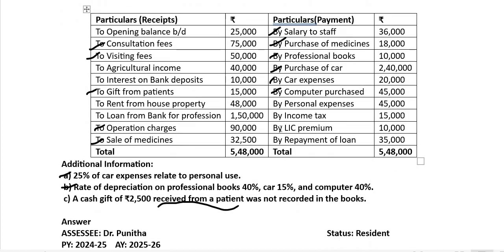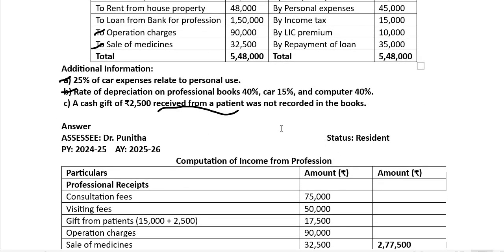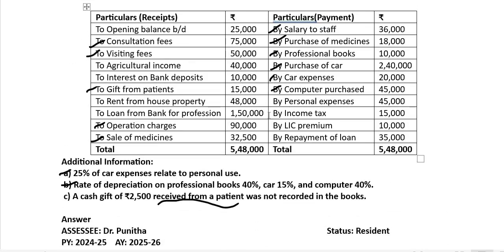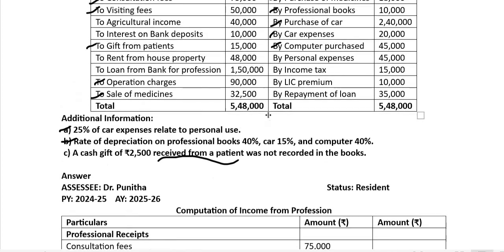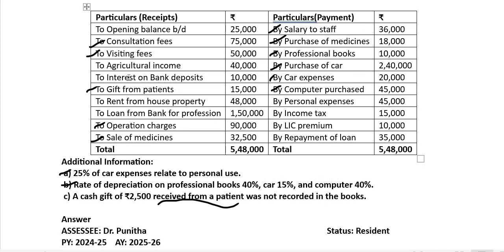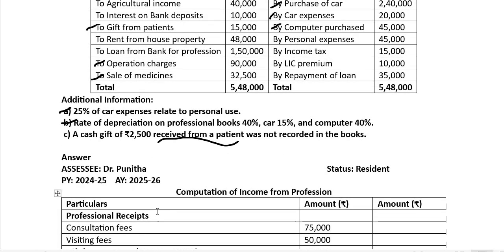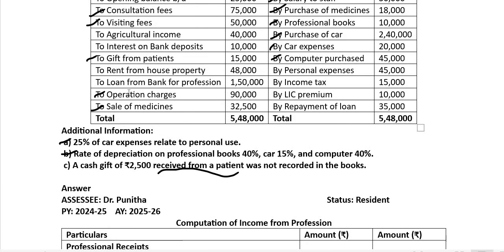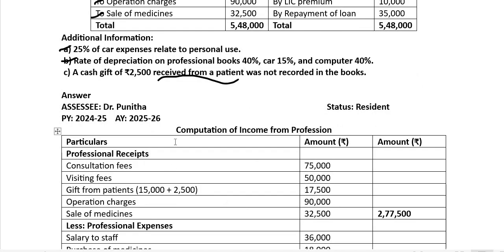Now we will cross check the format. The first one is consultation fees 75,000 written, visiting fees 50,000. Yes, then come to the next, gift from patients 15,000 and the 2,500 we added, 17,500. Operation charges 90,000.